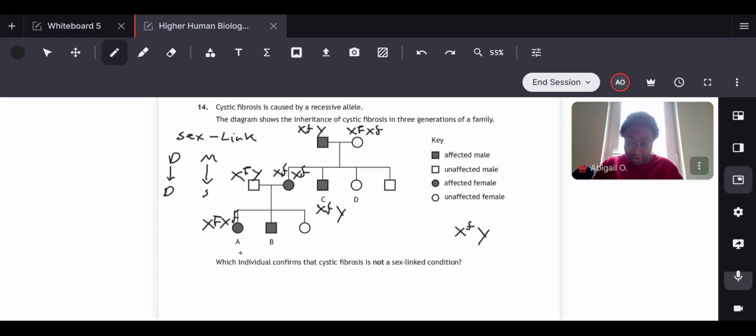So because of this person here, person A, who is a female, who is affected, but her father does not have the disease, and her mother does carry the recessive allele, she should be X big F, X little f, and therefore should be unaffected, protected by that dominant allele, but she's not. She does have the disease. So person A shows that this whole thing of sex linkage can't apply to this question specifically, because person A is affected and the genotypes show that they shouldn't be. So the answer for this question is going to be person A.